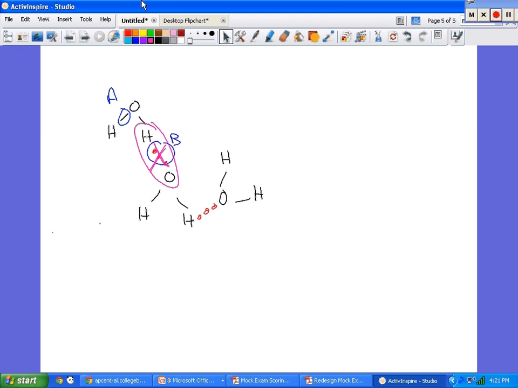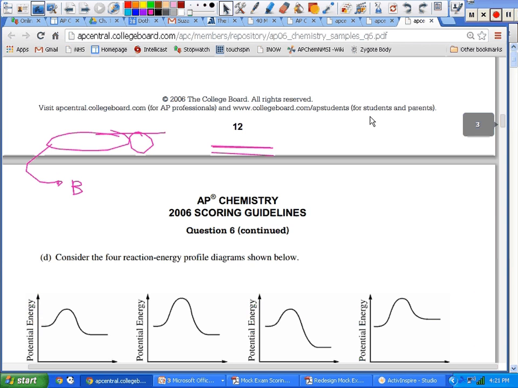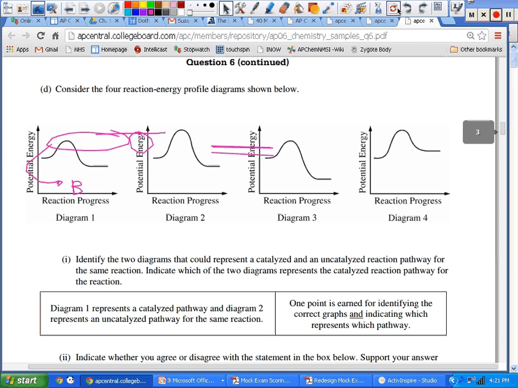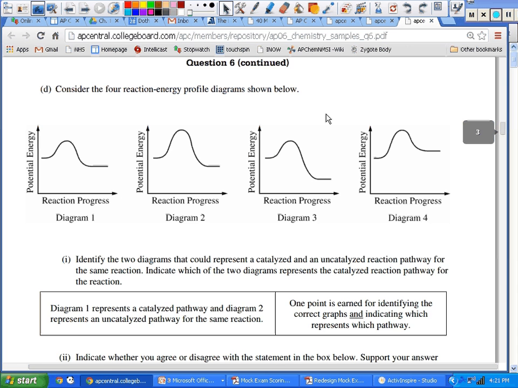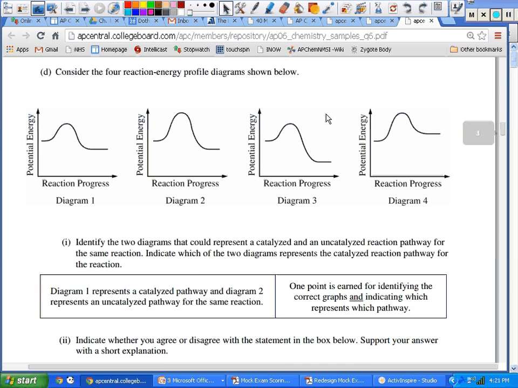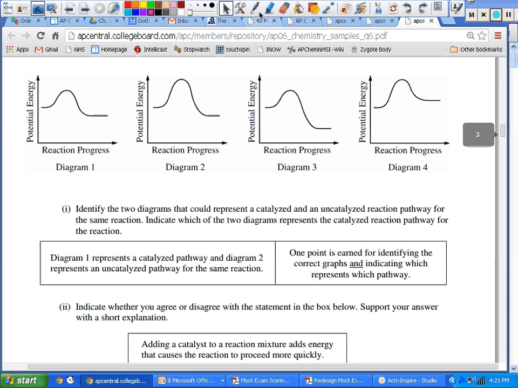All right. Let's move on down to this one. Consider the four reaction energy profiles from below. Is this still part of that same question? Wow, okay. First and foremost, let's identify something. If we draw a line like this, did the energy go up or down? Down, so it's exo or endo? That's exo. So it has what kind of sign? Negative. All right, same thing here.